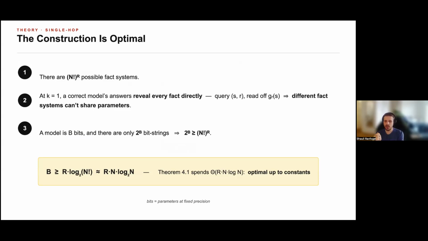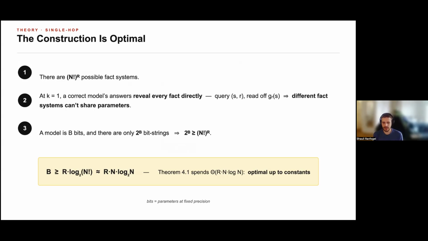So the model stores, given every query subject and relation, it is able to continue with the correct answer, g_R of S. So we get that the number of bits in the model must be at least the log of the number of fact systems, n factorial to the power of R. Using the Stirling approximation, we get that the number of parameters must be at least R n log n, which is exactly what we get with this construction.